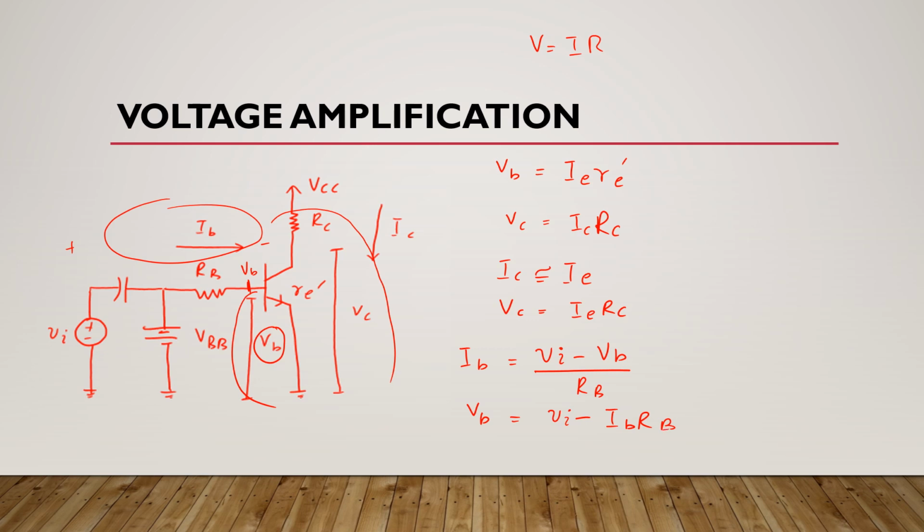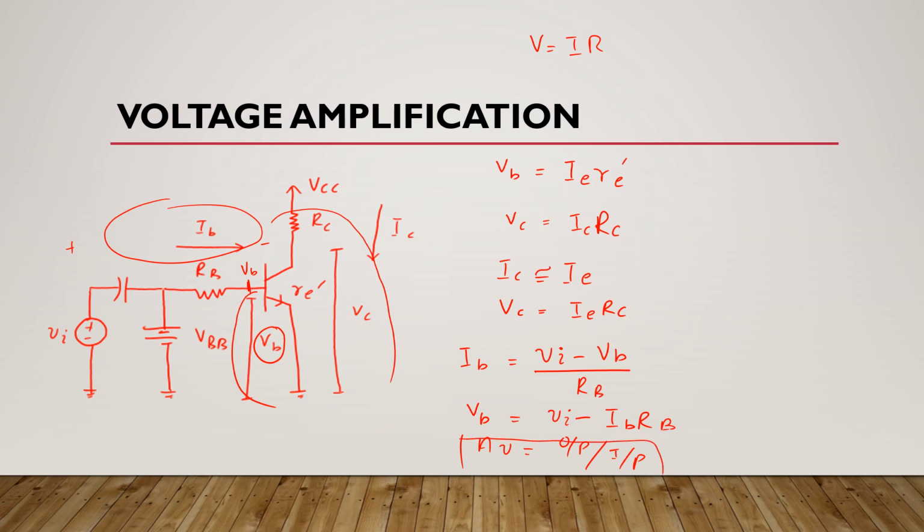We know that voltage gain is the ratio of output voltage divided by input voltage.